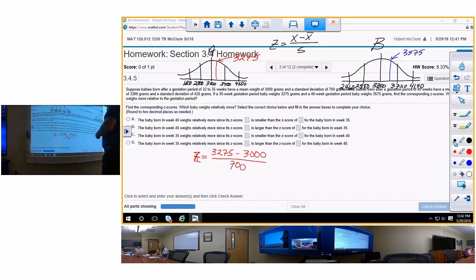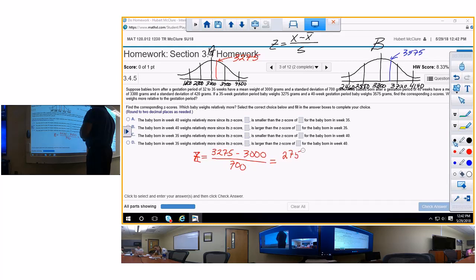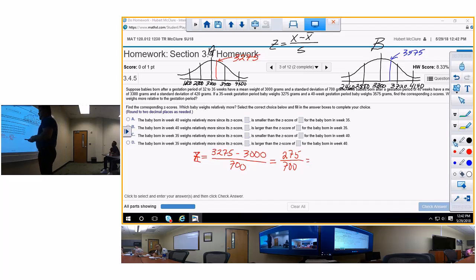Well, I'm not no genius, but 32.75 minus 30 is 2.75. So that's 275 divided by 700. And you can pretty much divide 2.75.